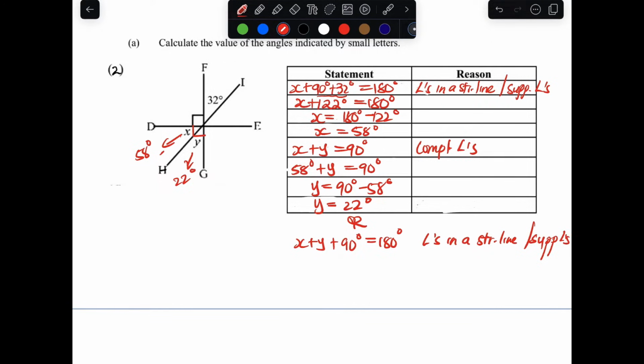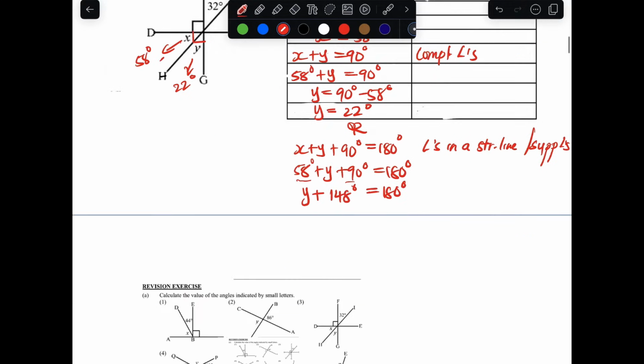Now x is 58, so 58 degrees plus y plus 90 degrees equal to 180. So y plus 58 plus 90, it's going to be 148 degrees equal to 180 degrees.